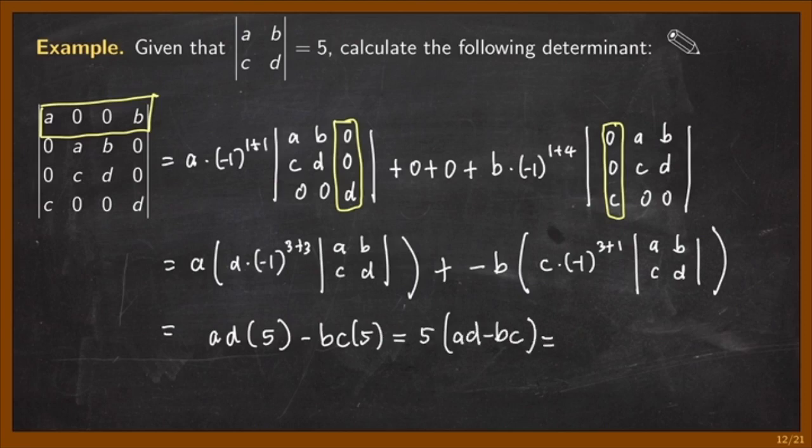But as you may have recognized, AD minus BC is also the determinant of A, B, C, D, which is 5 times 5. So the final answer is 25. I hope you were able to follow that. You can always rewind if you miss out anything.